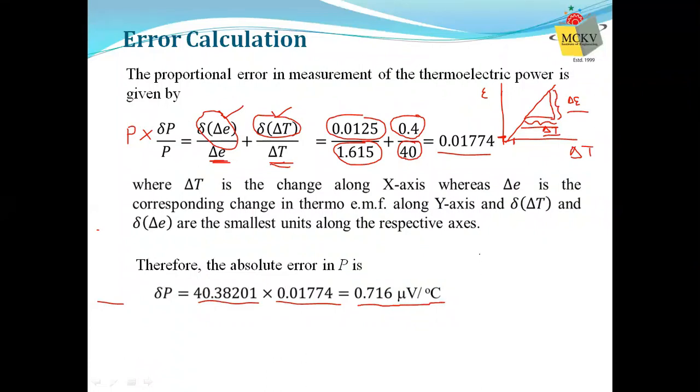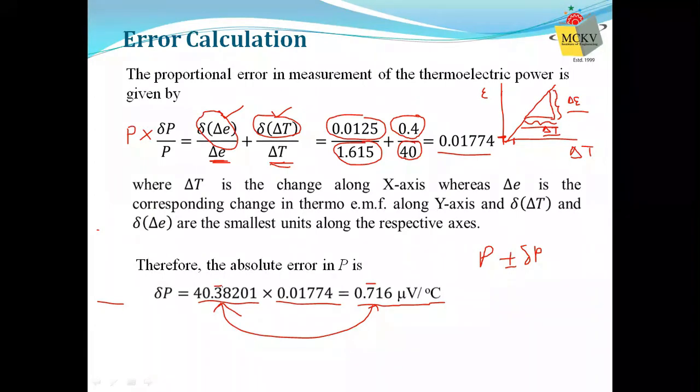So I want to add or subtract P and delta P. If I add and subtract this value, this is delta P and this is P, which is the first digit that is getting affected? It is 3 that is getting affected, because here there is 7. If you add 7 to 3, it will change, or if you subtract 7 from 3, again it will change. So we are not sure about 3.